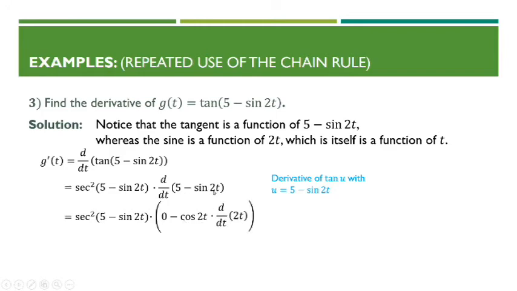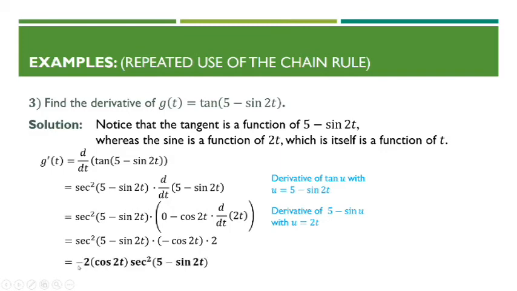Then the 2t is a function of t, so we take the derivative of 2t in terms of t. We copy the first factor, then 0, negative cosine 2t, and the derivative of 2t is the constant 2. Like before, we put the negative sign first and the simpler factors. We have negative 2 cosine 2t secant of 5 minus sine 2t.